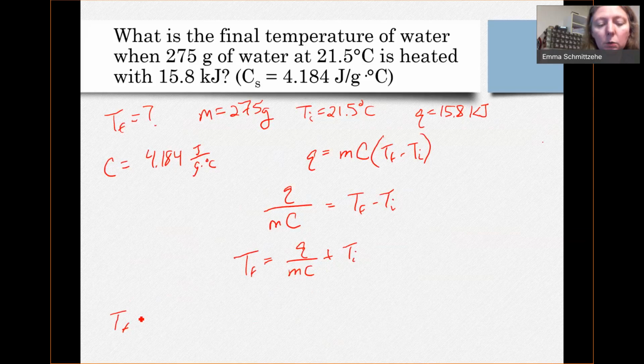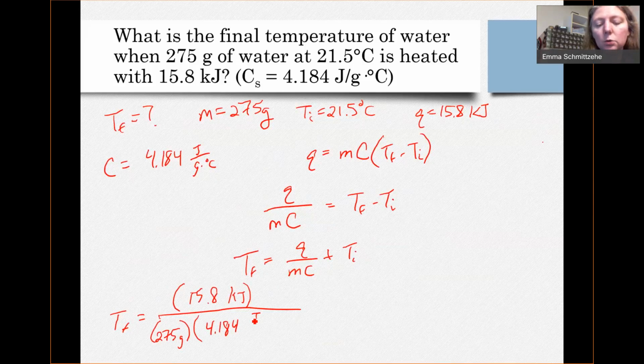And so then I'm just going to plug in. So TF equals my Q, which was 15.8 kilojoules, over my mass of 275 grams times the heat capacity, 4.184 joules per gram degree C, and then plus the 21.5 degrees C. So now the first part we should do is do all our multiplication, division, and the fraction.